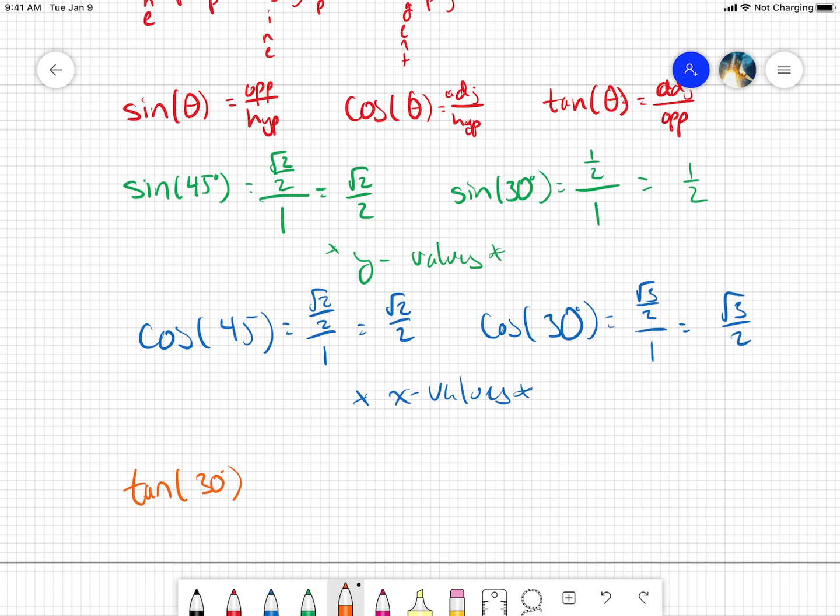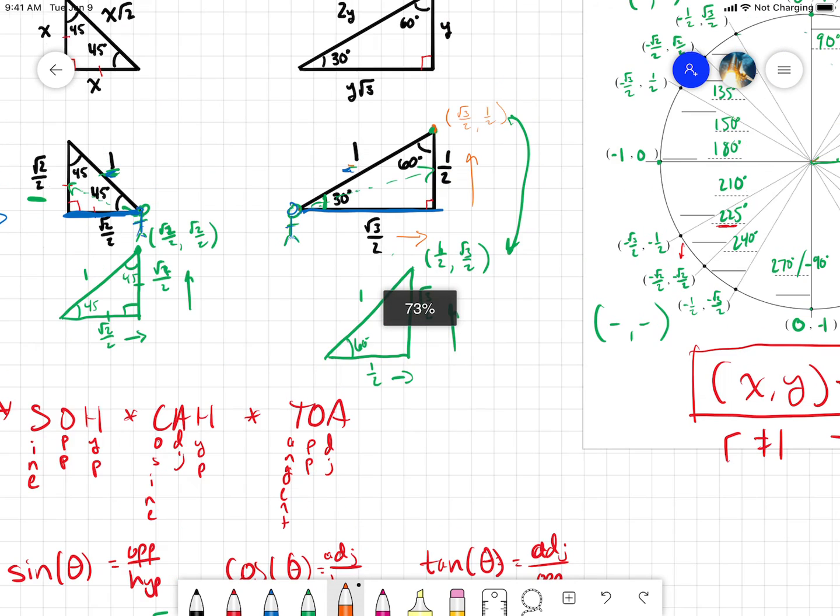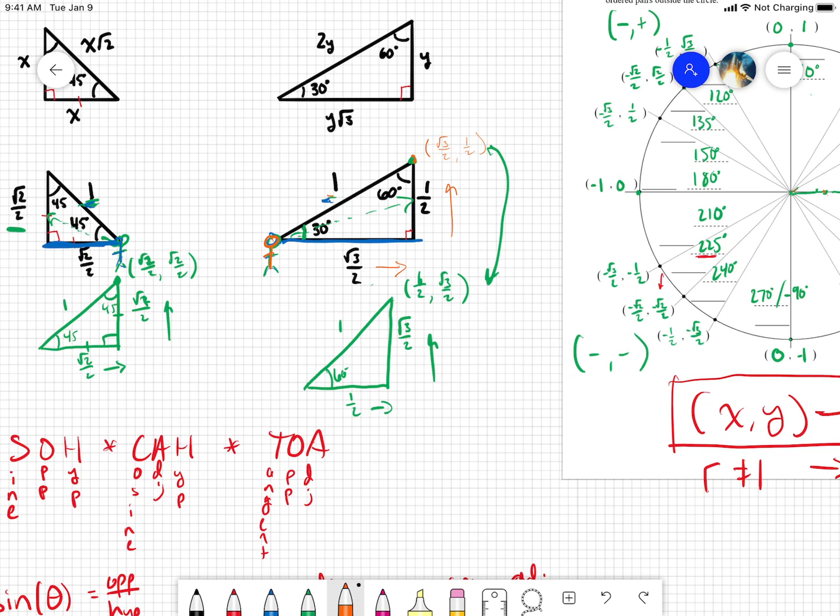If I look at tangent of 30, again, I'm standing in my triangle over here at 30, and since tangent is opposite over adjacent, my opposite side is 1/2, and my adjacent side is rad 3 over 2.